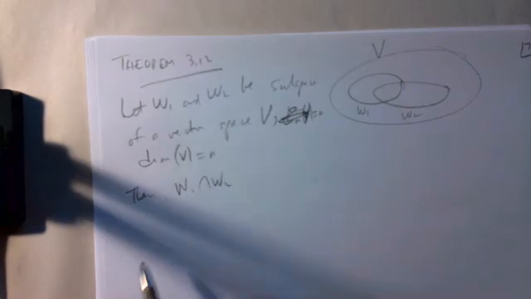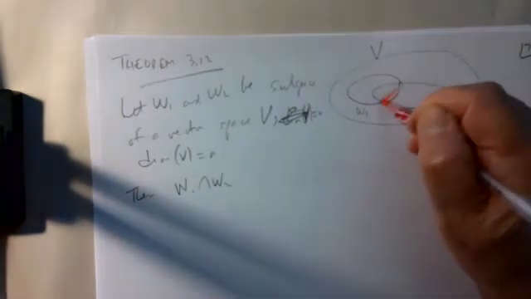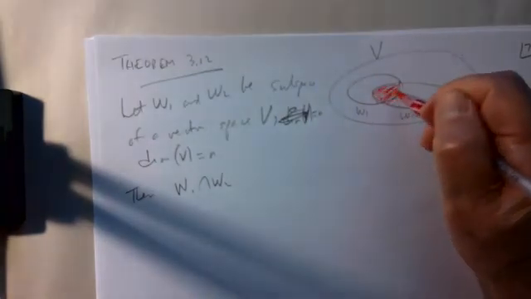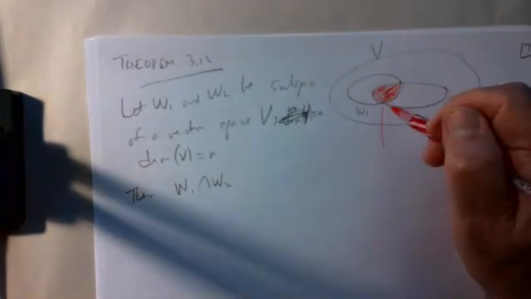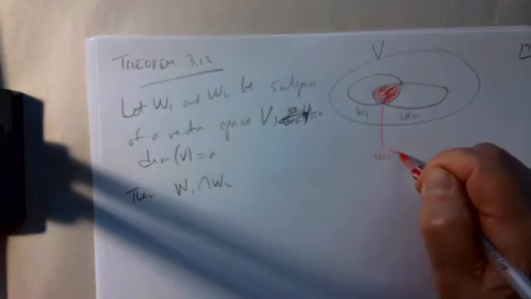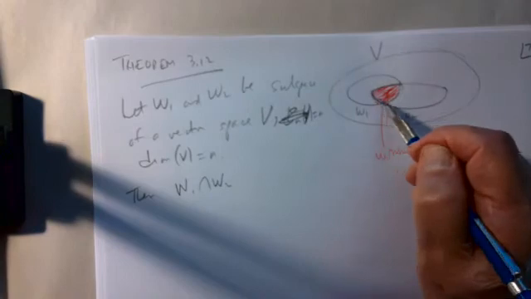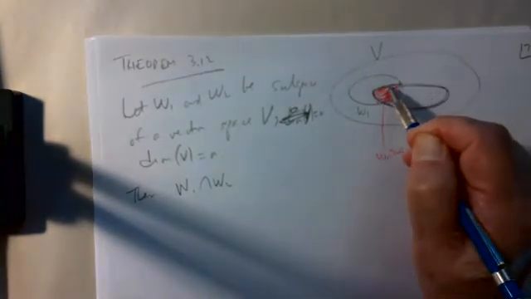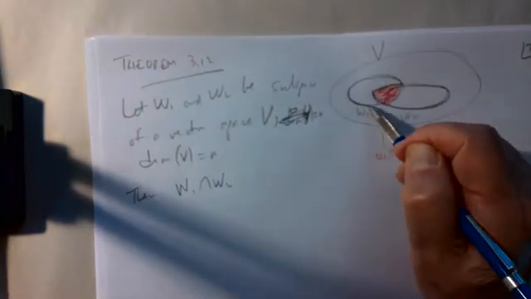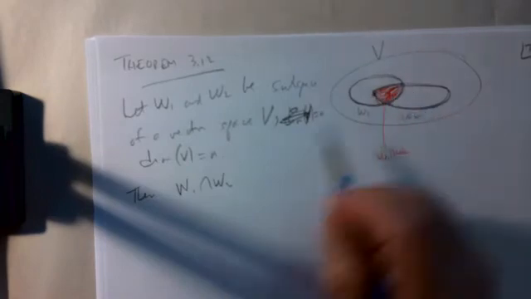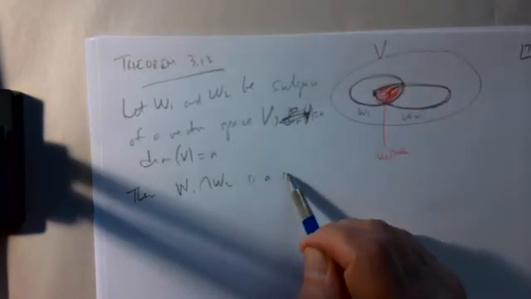So then the intersection W1 intersect W2. If you look at this kind of Venn diagram, this red area, that's W1 intersect W2. That's everything which is in both W1 and W2. So this is a subspace.